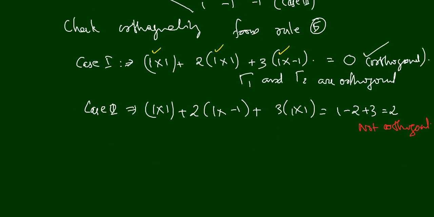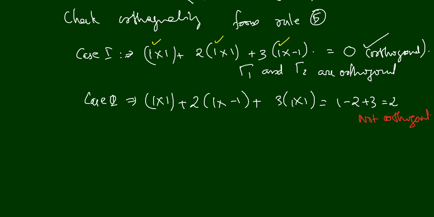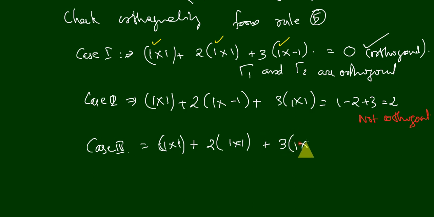And you can similarly prove that the third case is also not orthogonal. In case 3, you can see that it is 1 into 1 plus 2 into 1 into minus 1 plus 3 into 1 into minus 1, that is equal to 1 minus 2 minus 3, that is minus 5 plus 1, that is equal to minus 4.